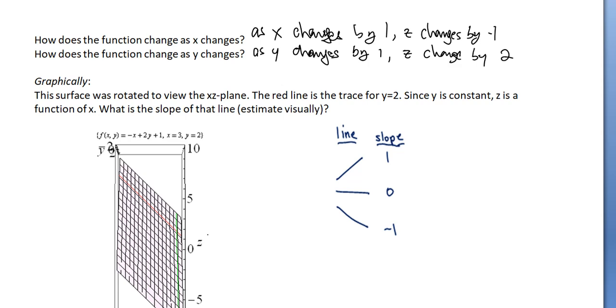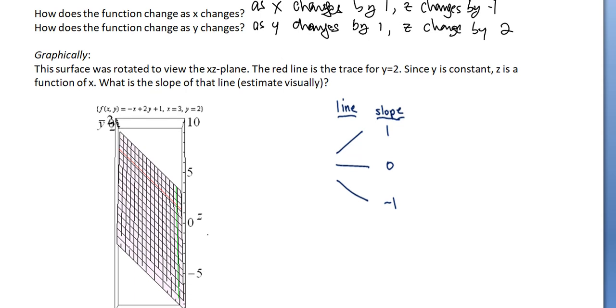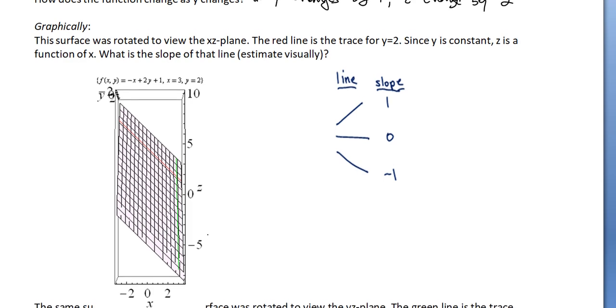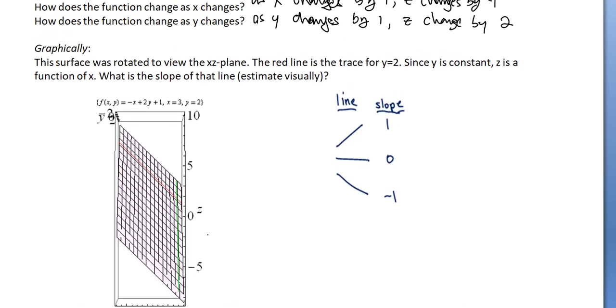And since y is constant on that red line, z is a function of x. So what is the slope of that line? And let's estimate visually. And we can estimate visually because the way I've presented this, 1 unit of x is about the same size as 1 unit of z. So that line, it looks like the slope is about -1.